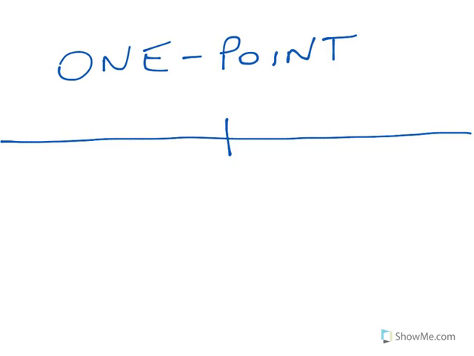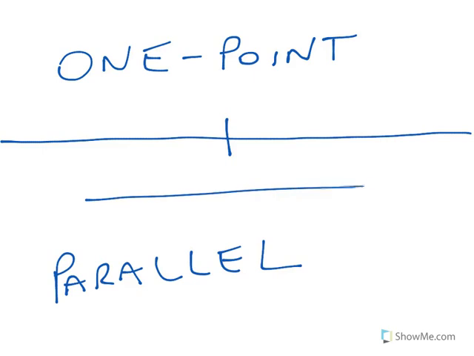Now, if you're drawing, say, railroad tracks, we all know that railroad tracks are parallel to one another. Parallel means that if they were to continue forever, they would never intersect. Obviously, if they intersected, there would be a lot of train accidents.